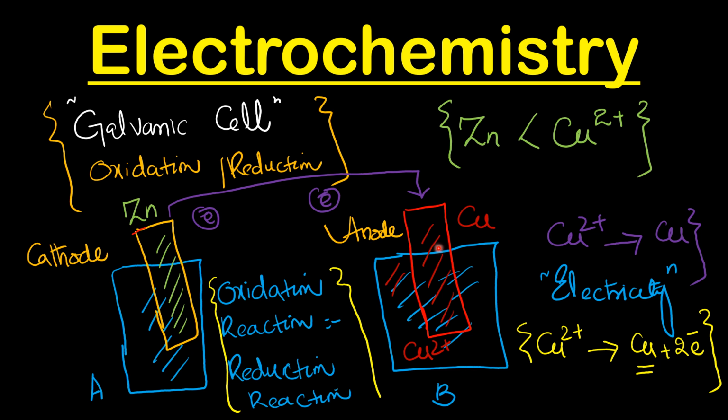So copper has a maximum pull of the electrons, so it will gain electrons, and due to the difference in the pulling of the electrons between these two chemicals of the galvanic cell, there will be a transfer of electric charges, or transfer of electrons. And this transfer of electrons on its own will generate electricity.